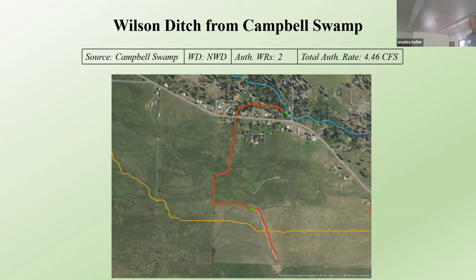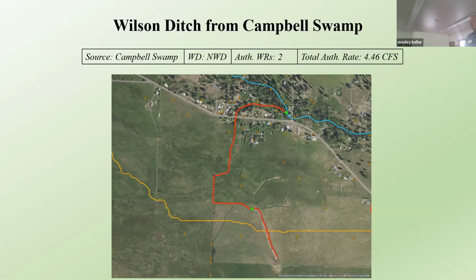The source is actually listed as Campbell Swamp, which tells me there must be some natural marsh or swamp source for this ditch. It is not considered within the water district, and there are only 2 water rights associated, for 4.46 CFS.